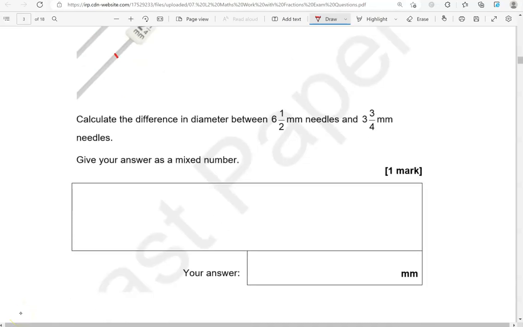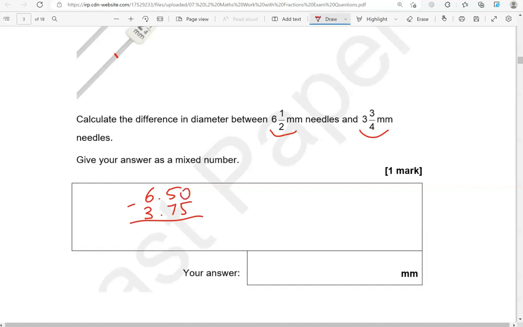There are different ways you could do this. The easiest way, perhaps, for me, would be to convert this into decimal and this into decimal. So that's 6.5, and we have 3¾ so that is 3.75. So take that away, have a 0 here.